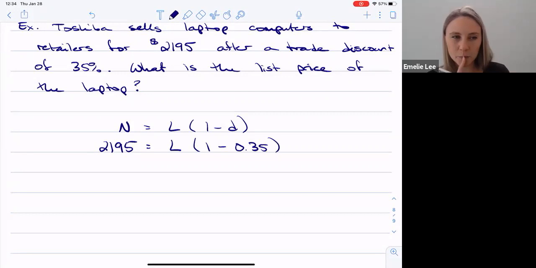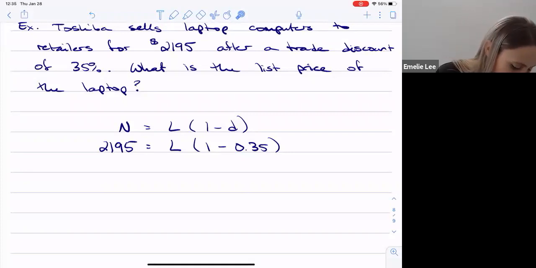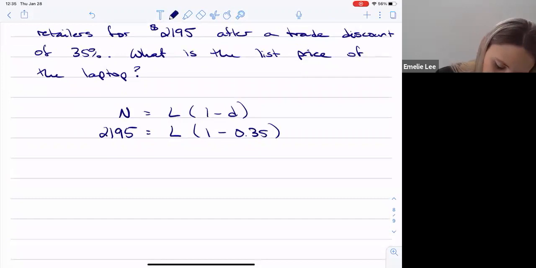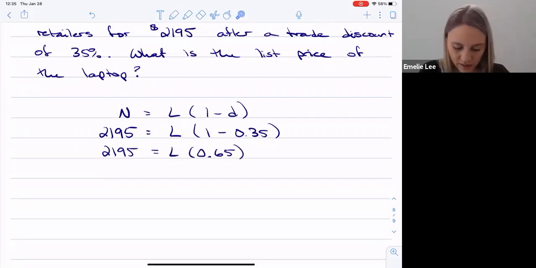Okay. So what I'm going to do first is simplify 1 minus 0.35, right? 1 minus 0.35 is 0.65, but let me confirm here. It is. So then I have 2195 is L times 0.65. To solve for L, I have to divide both sides by 0.65, right?